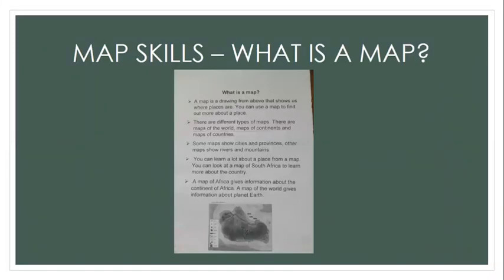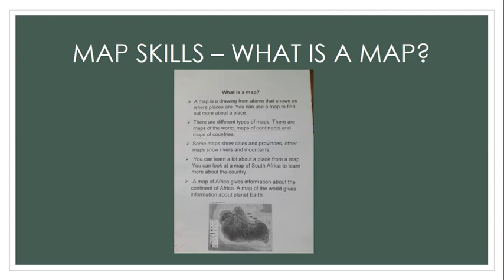Now, boys and girls, what have we learned so far? In the beginning of this term, these are the notes that I've handed out to you. Please make sure that you have these notes. We started off with map skills and what is a map, where we learned that a map is a drawing from above that shows us where places are. We also learned that we have 3 types of maps: maps of the world, maps of continents, as well as maps of countries.